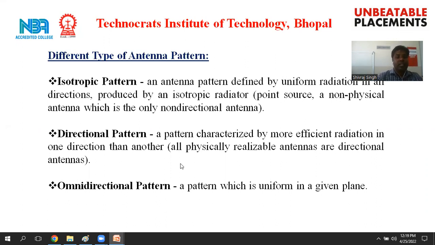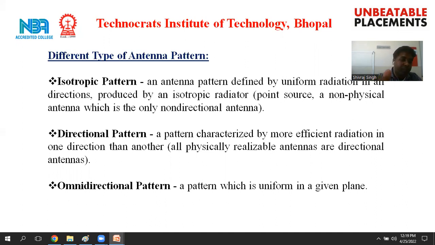Next, the directional pattern. Directional patterns are those in which the energy or signal is transmitted in the desired direction only. The best example of a directional antenna is the Yagi-Uda antenna. Next, the omnidirectional pattern.